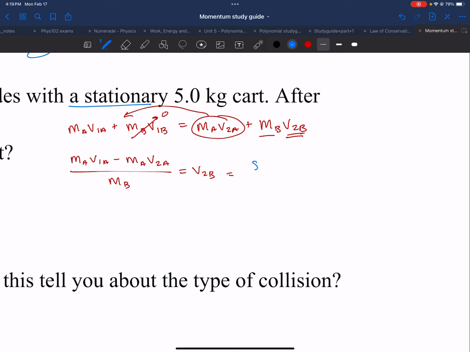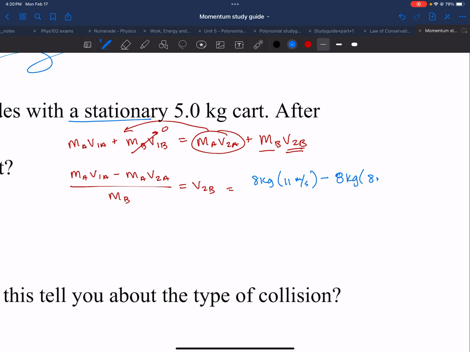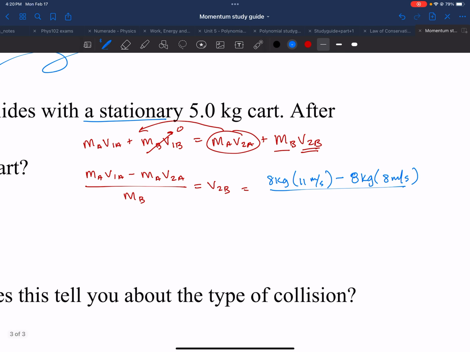Mass A is 8 kilograms times 11 meters per second minus 8 kilograms times 8 meters per second. And then all of that is going to be over 5 kilograms.